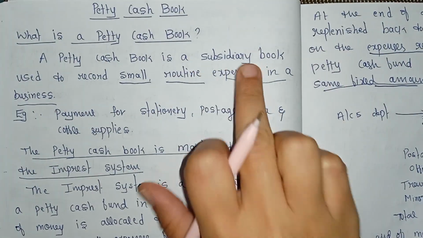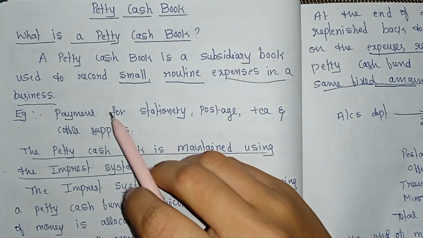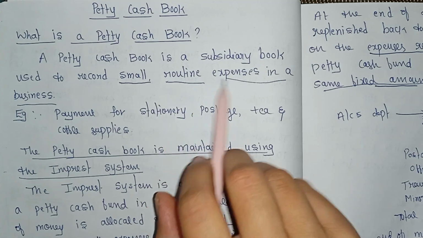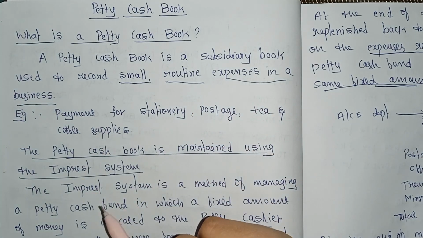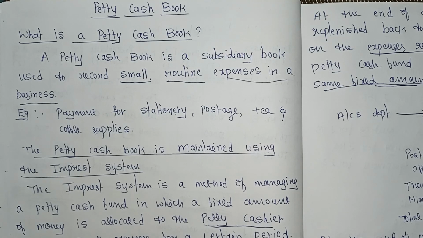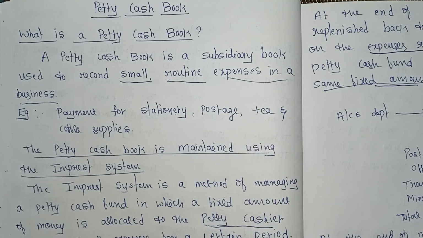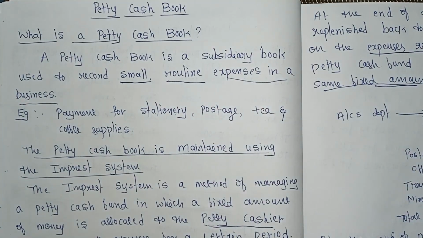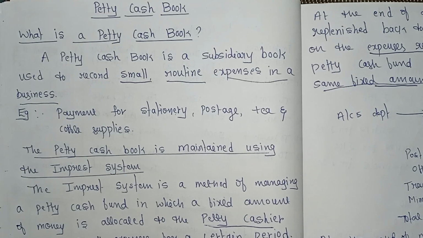It is also a subsidiary book used to record small and routine expenses in a business. Here in the petty cash book, we will record only small and routine expenses. Subsidiary books mean what?